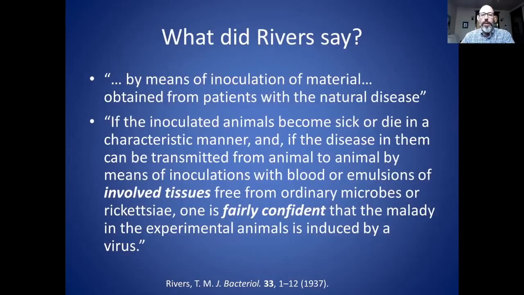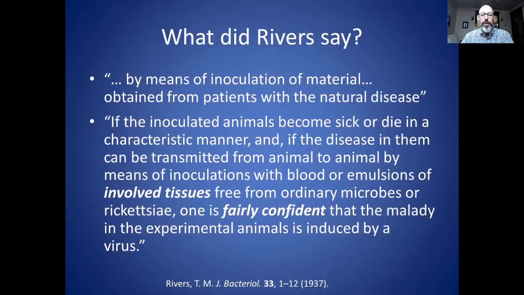He also said something very important about how you prove the criterion where you put the isolated virus into a healthy person and cause the same disease. And what he said is, by means of inoculation of material obtained with patients with the natural disease. Okay, so not something made in a laboratory, but from another patient with the natural disease. That's very important.